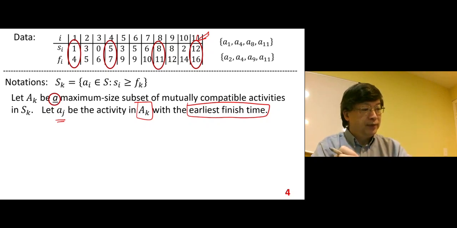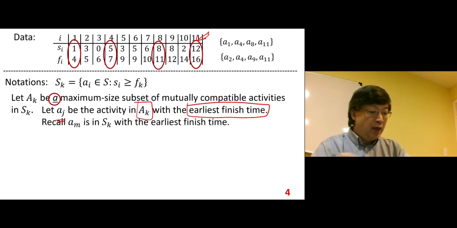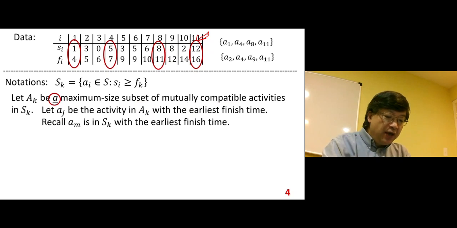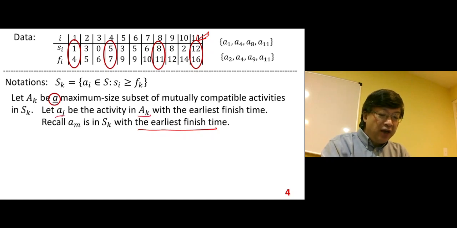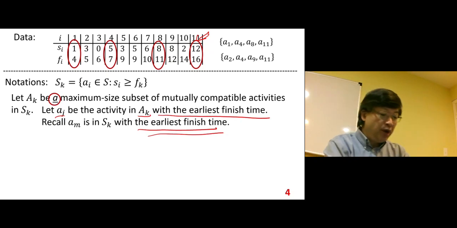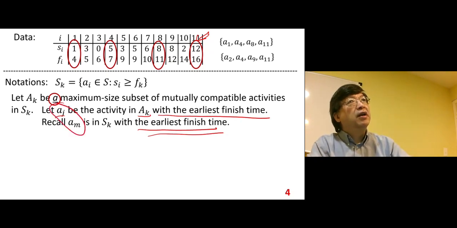That's why I said this step is very abstract. Recall AM is in SK with the earliest finish time. AJ is in AK with the earliest finish time. What's the relationship between AJ and AM?